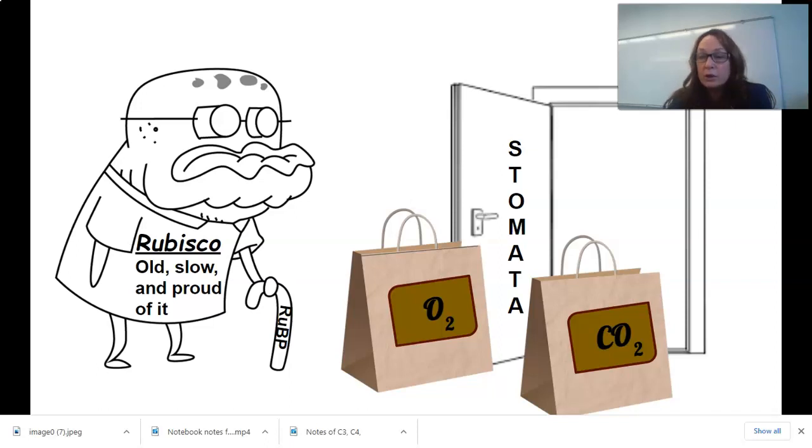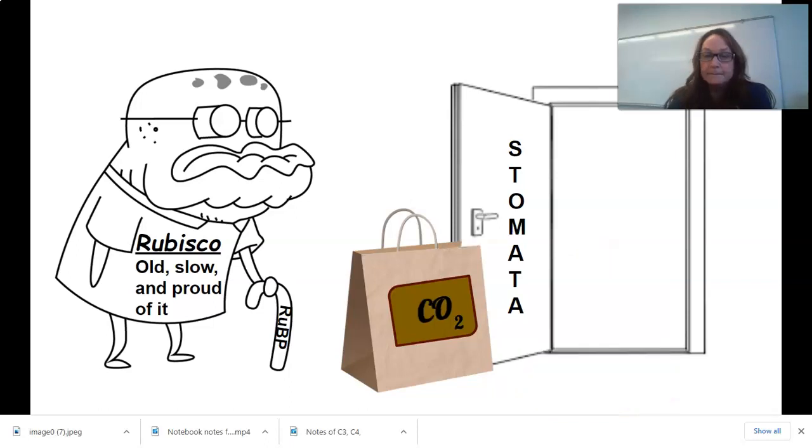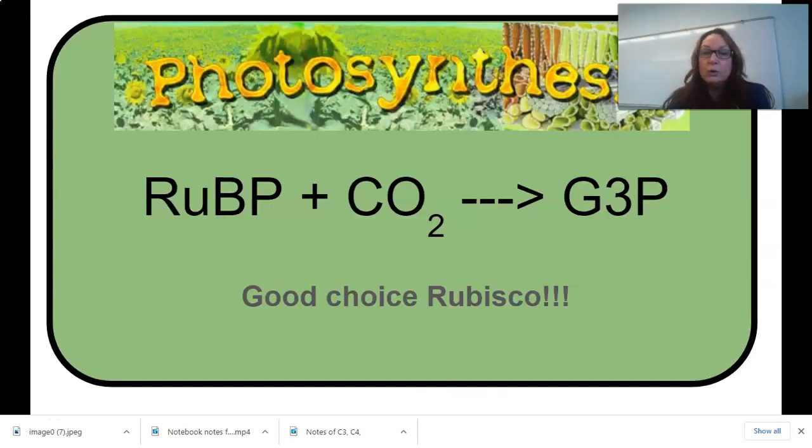Rubisco, unfortunately, is exposed to both oxygen and carbon dioxide. When it is exposed to more carbon dioxide and temperatures are low, it is going to add carbon dioxide to RuBP. We're going through the Calvin cycle like we're supposed to.